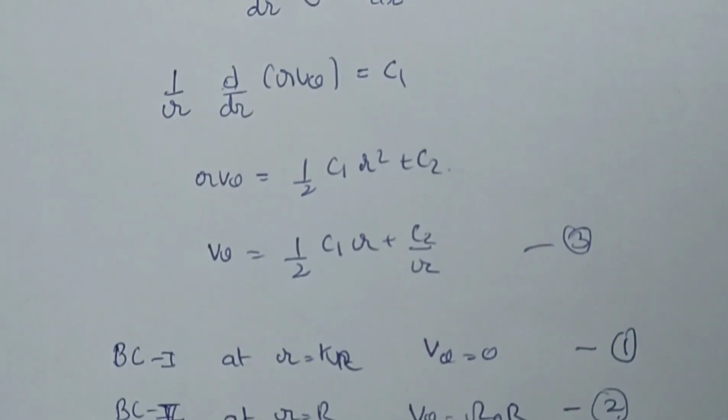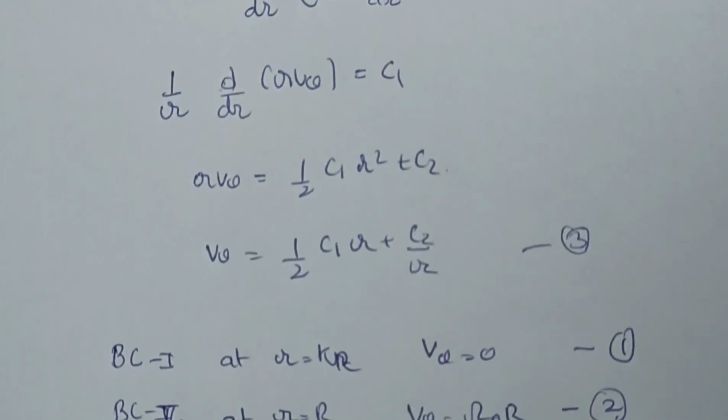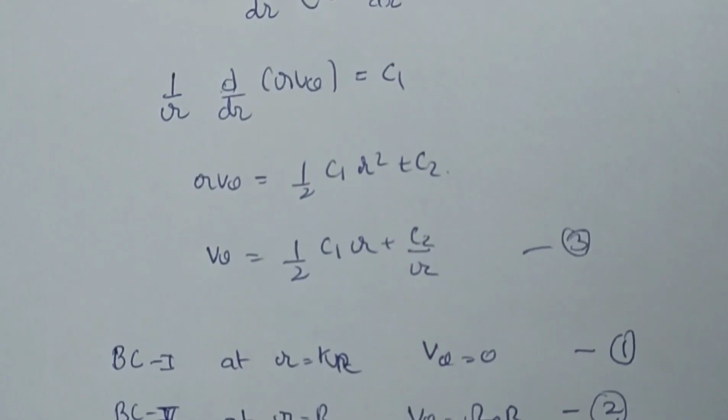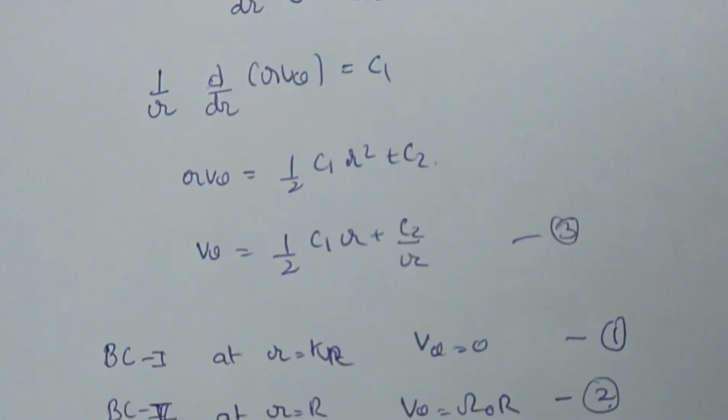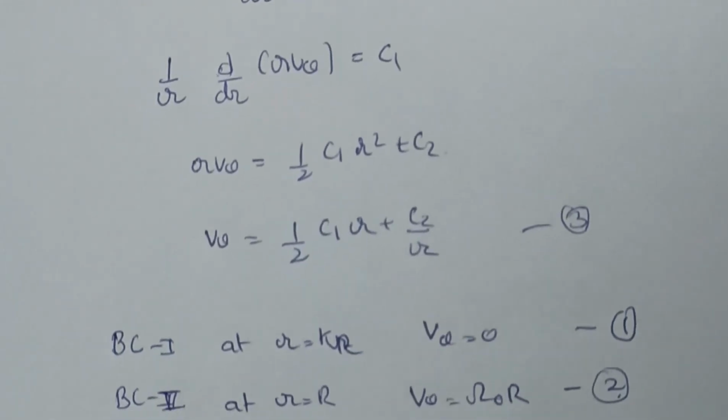We will get omega naught r is equal to half c1 r plus c2 by r. Now we have two equations and two variables, so we will solve both equations to get the final answer.